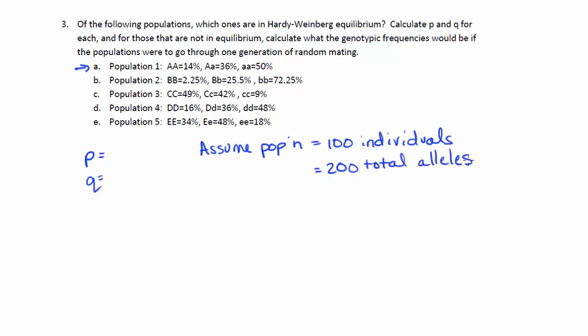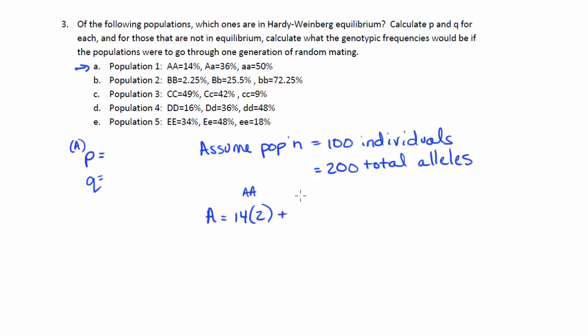So keeping that in mind, if we think about the big A allele, and big A is going to be P here, you have 14% or 14 individuals of the 100, but of those 14 individuals, they have 2 copies of big A each. Okay, so that's my homozygous dominant ones.